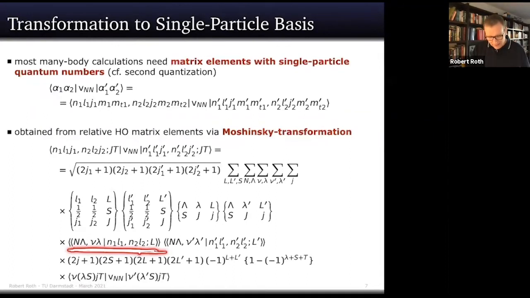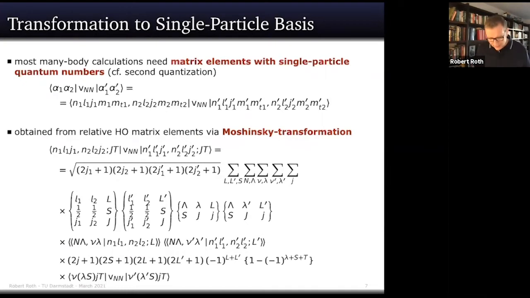And if you just look at the labels that they carry, they somehow connect the single particle quantum numbers of your harmonic oscillator, this N1, N2 stuff here, with the relative quantum numbers, capital N, that we used before. So this is something in coordinate speak like a transformation between single particle coordinates and center of mass and relative coordinates in the two-body space.